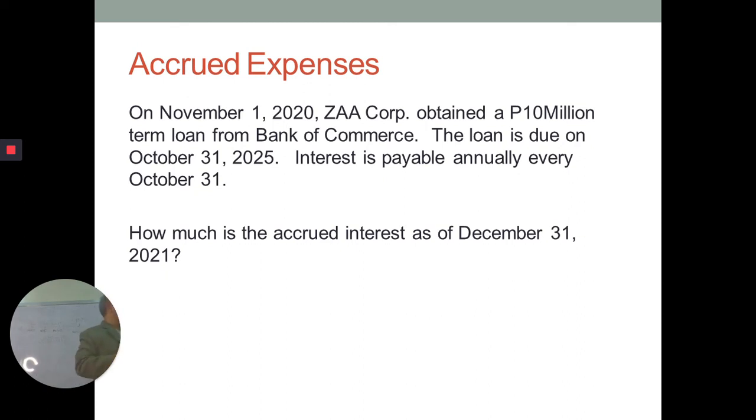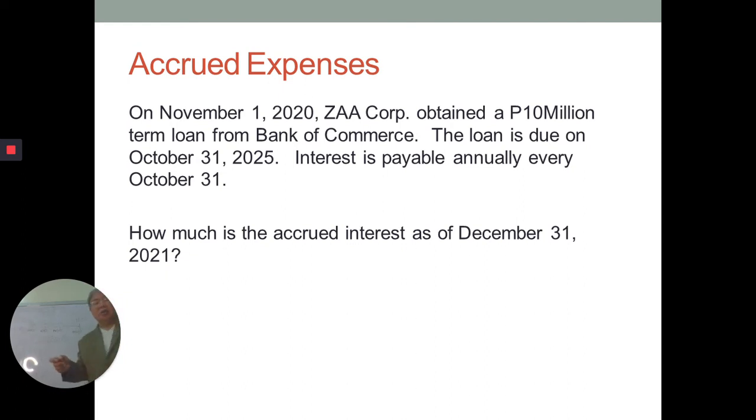Let me calculate. Okay, so that will be 100,000. So 100,000 is the accrued interest on the loan as of December 31, 2021.